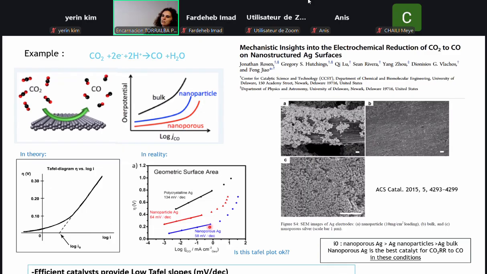In this one, for example, the smaller Tafel slope is giving me the most interesting catalyst because I need to apply less voltage to increase 10 times the current density. Okay.